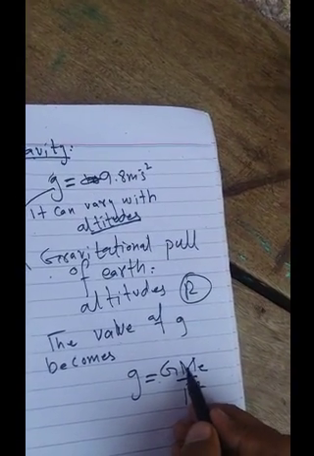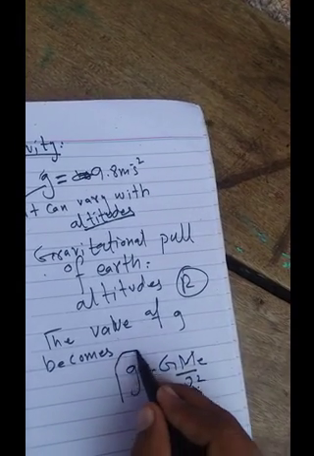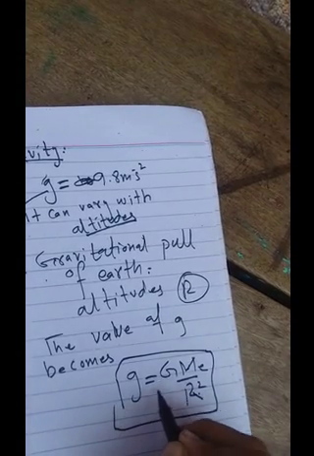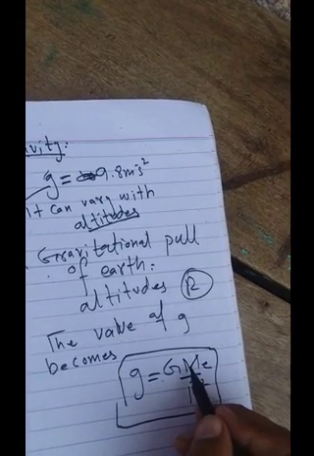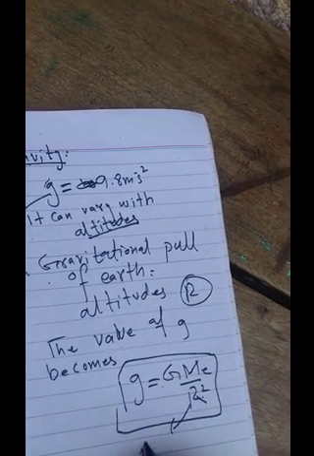As you know, on the surface of Earth, the value of g can be calculated by this formula. G is the gravitational constant, you know very well. M_E is the mass of Earth and R is the radius of Earth.